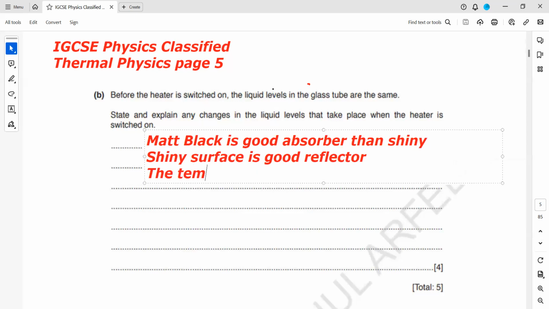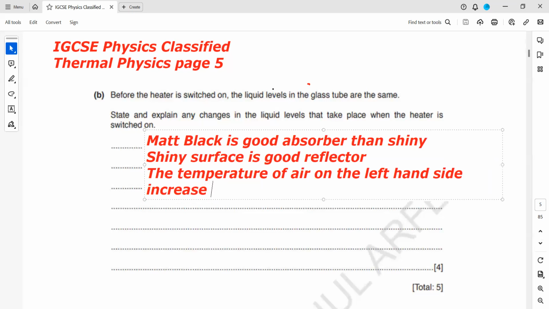So the temperature of the air on the left hand side increases more than the right hand side.